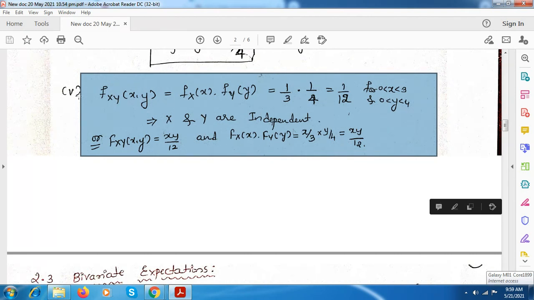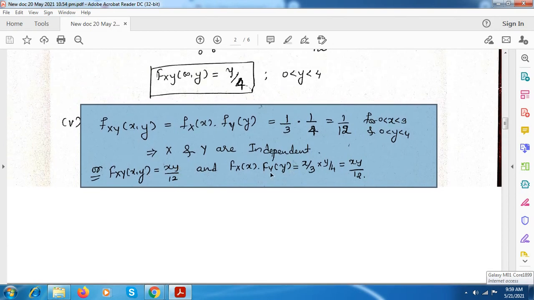Either you can do it by PDF or you can do it by CDF. Anyhow, it is fine. You have to just show that individual PDFs or individual CDFs are equivalent to the bivariate PDF or CDF. This fy of y is nothing but this only.